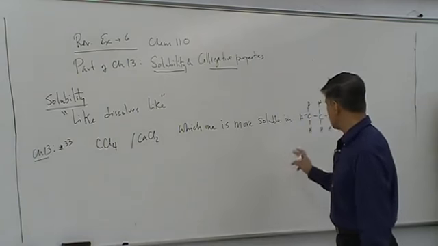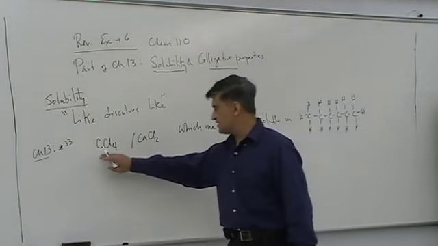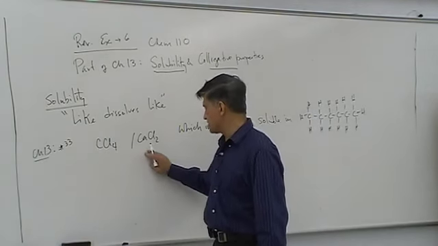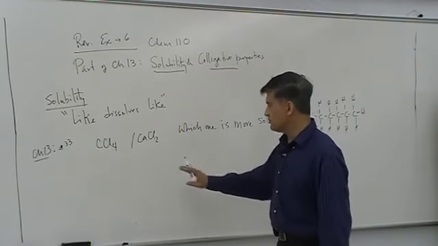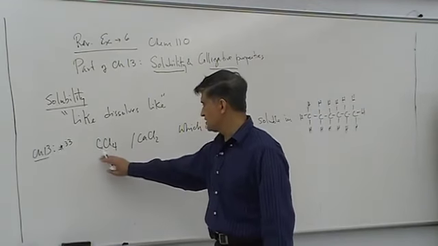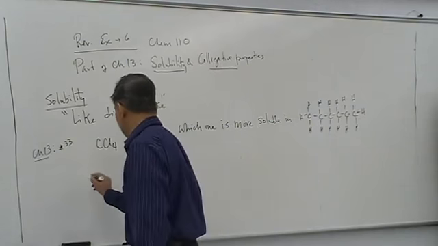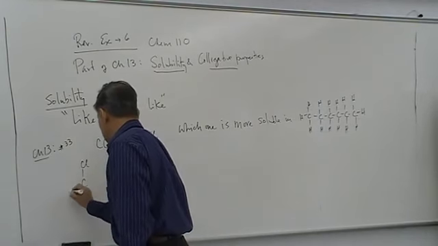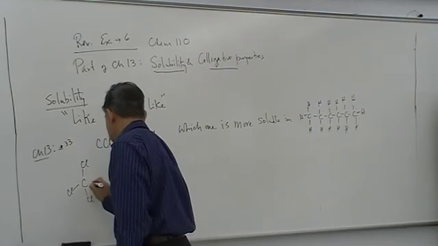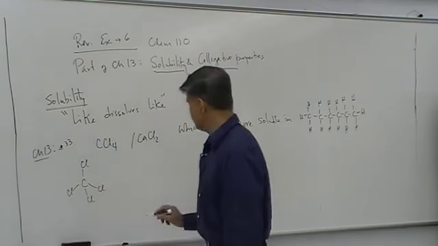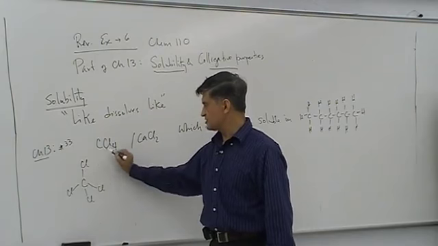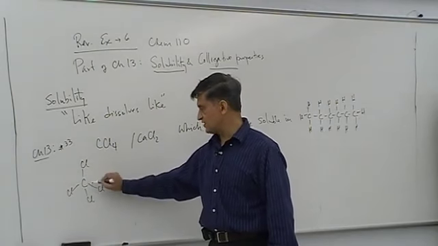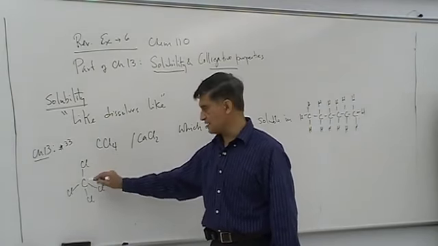So when the question is whether CCl4 or calcium chloride will be more soluble, we have to know more about these solutes. What kind of solute is CCl4? Cl, Cl, Cl, Cl. I wrote down tetrahedral. Why? Because there are 4 pairs of electrons, carbon with 4 bonds, sp3 hybridization, 109.5.